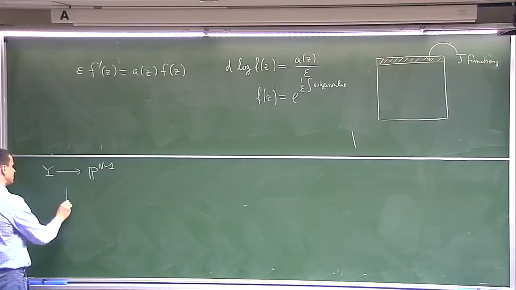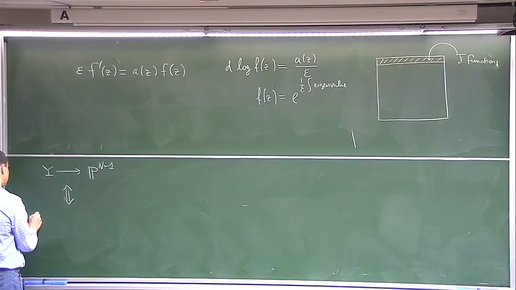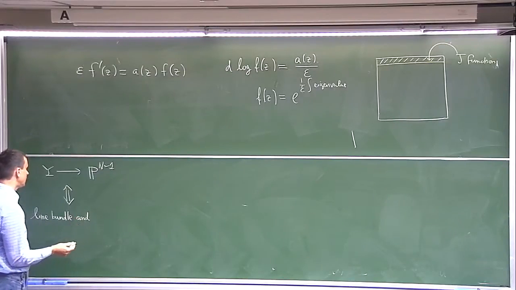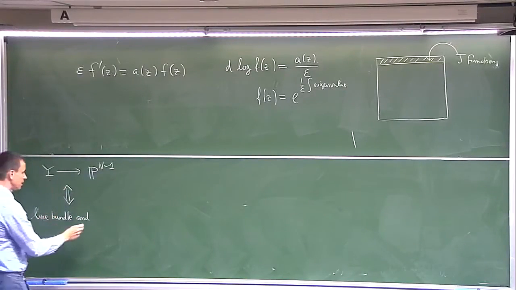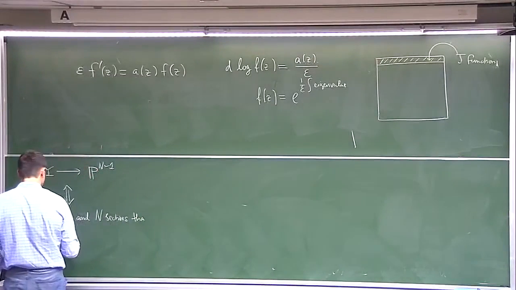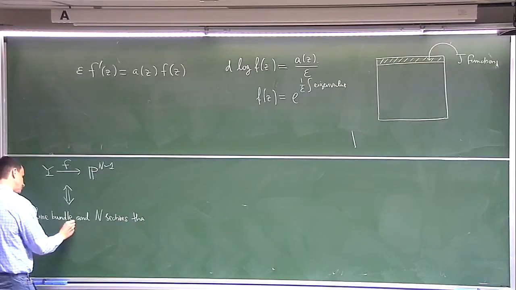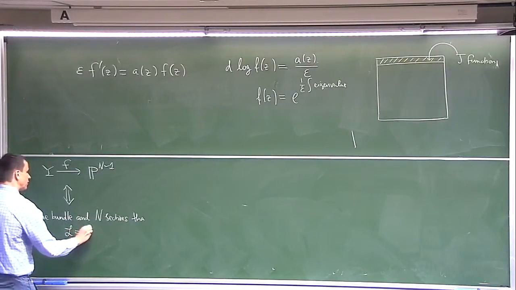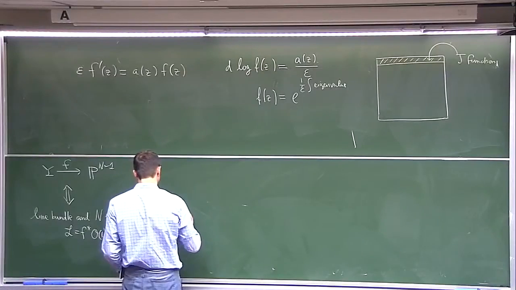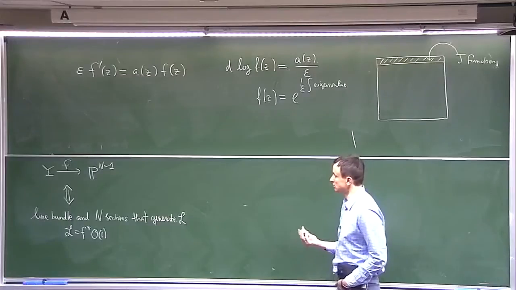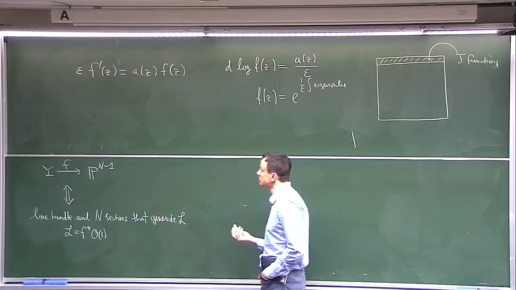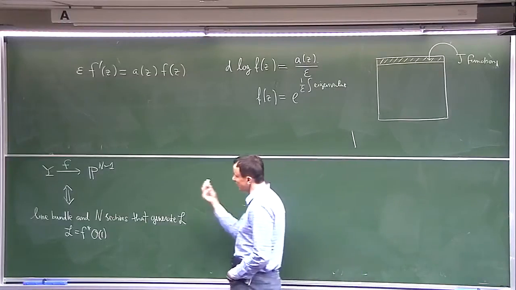This is equivalent to the data of a line bundle L, which is the pullback of O(1), and n sections that generate L. You have n homogeneous coordinates here, the n sections of O(1), and they generate the line bundle. So this is an actual map to projective space.